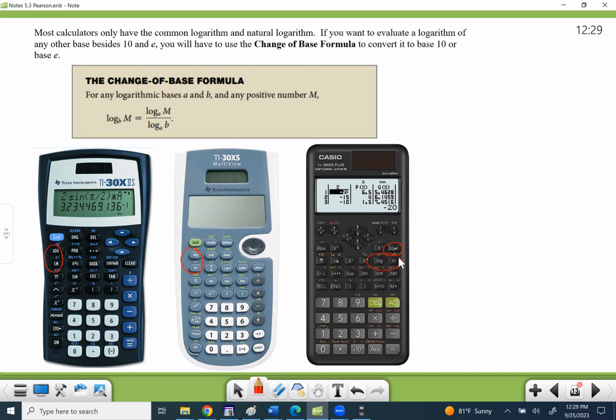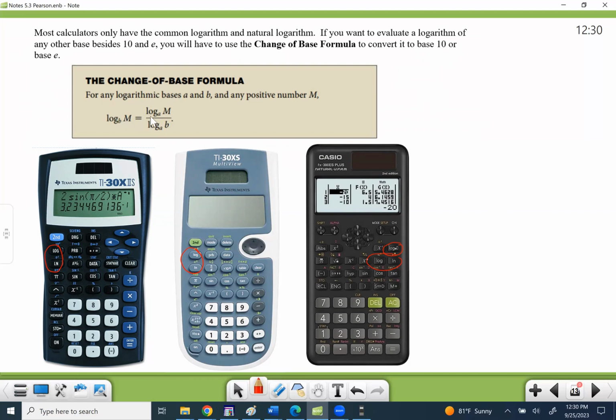All right. So if you're working with one of these other popular calculators, then you're going to have to know this change of base formula. And I'm going to have everybody know it because I am going to put it on the test. But let's say you start off with log base b, but you've got one of these calculators that doesn't have a log base b.